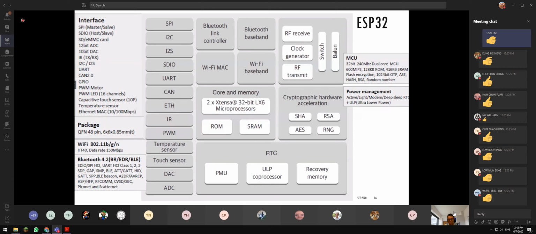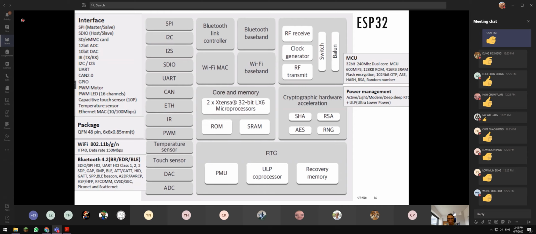When dealing with IoT, when you're always doing wireless communications, security is one of the major concerns. The good thing about the ESP32 is that it has built-in hardware cryptography, so you can use AES, RSA, SHA, and so on to protect your system from being hacked.